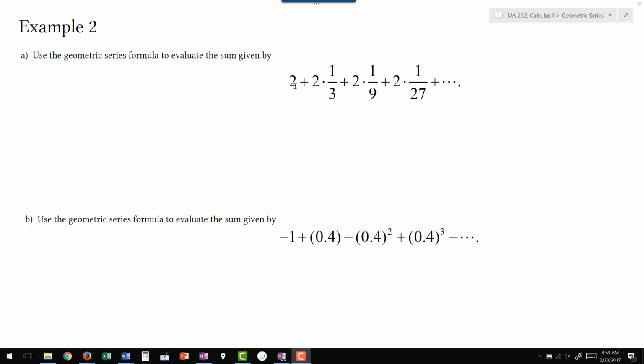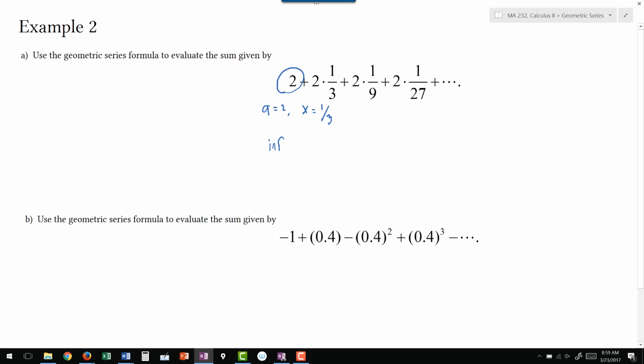Our next set of examples ask us to use the infinite geometric series formula to evaluate a sum. The method is much the same as using the finite geometric series formula. The key is to identify the a and the x. There is no capital N in this case because we're adding up infinitely many terms.